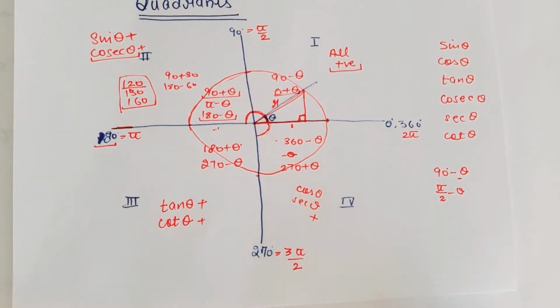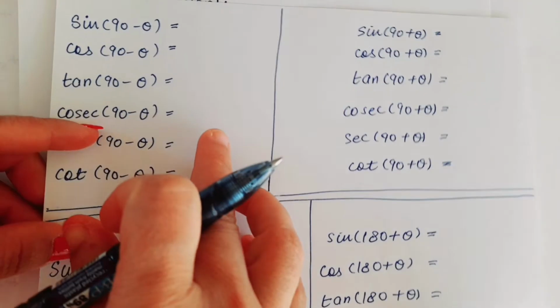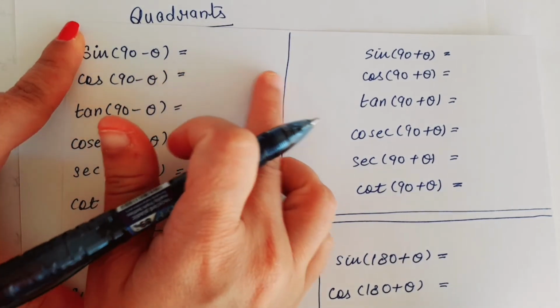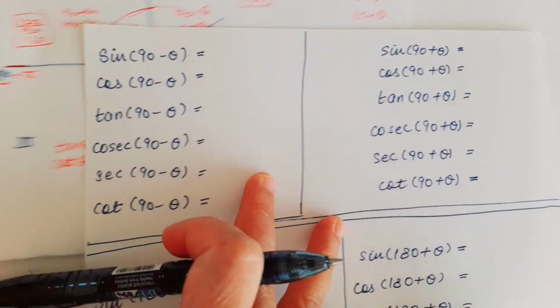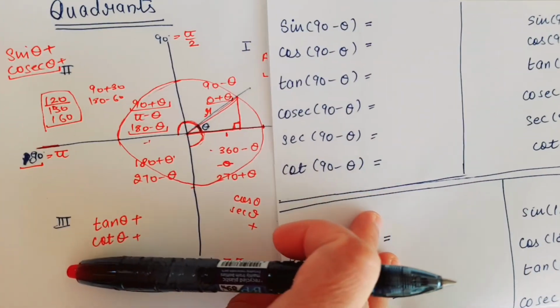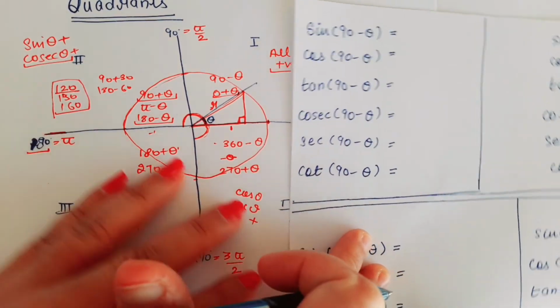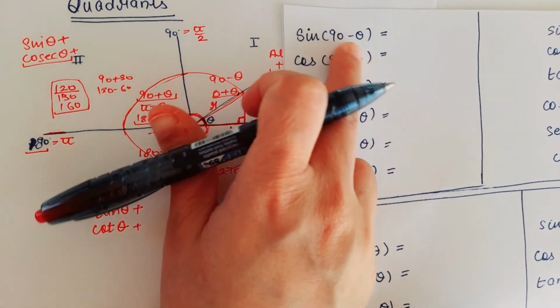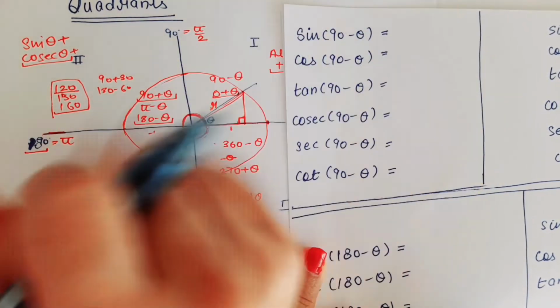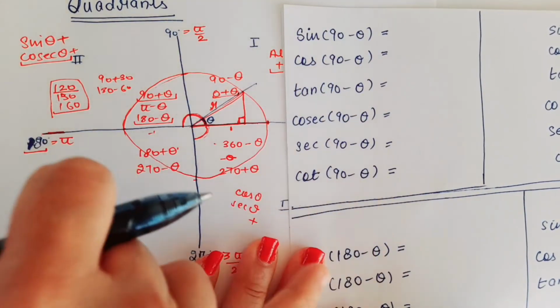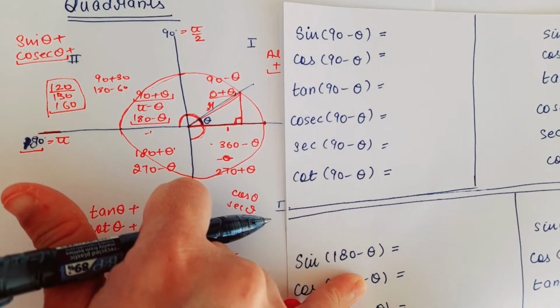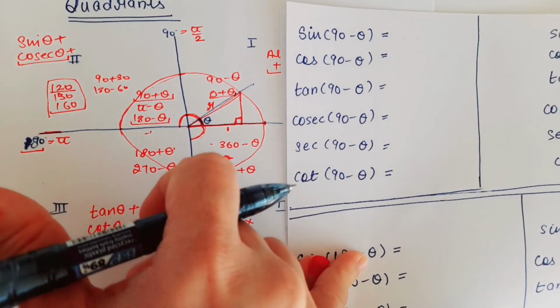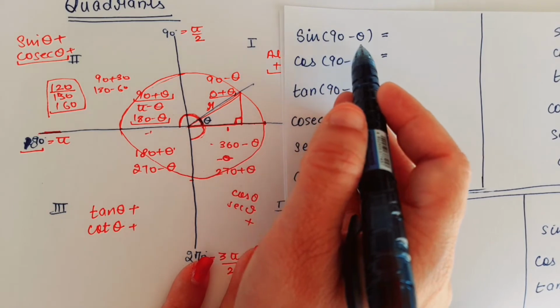Like first of all we have sine of 90 minus theta. Now I showed you this. This is sine 90 minus theta. When you are finding any value, sine 90 minus theta or sine 180 minus theta, anything, you just need to see in which quadrant you are.